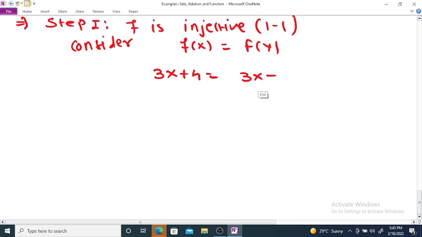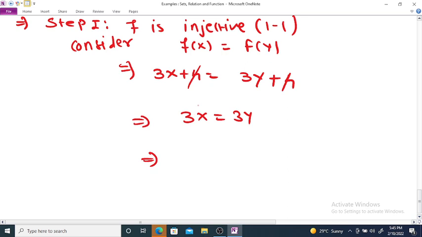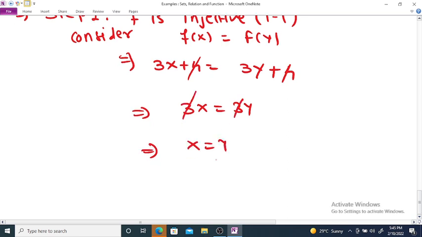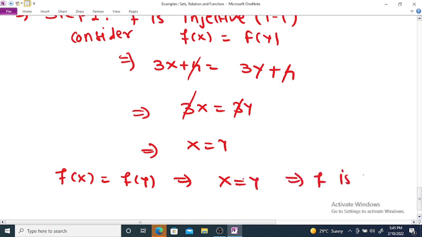The 4 will get cancelled, so 3x is equal to 3y. This implies the 3 will get cancelled and x is equal to y. So f of x equal to f of y implies x is equal to y, and therefore f is injective.